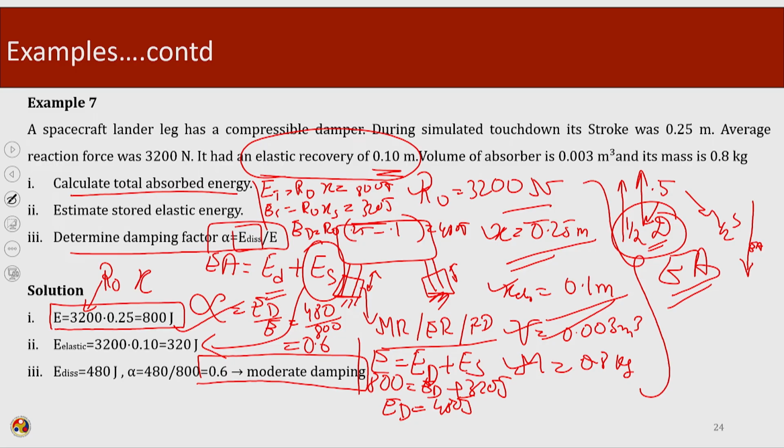If the value of the stored energy is more than 0.5, it means that most of the energy is being recovered, so this is not an efficient system. Normally the alpha should be greater than at least 0.5 in order to be considered even a moderately damping system.